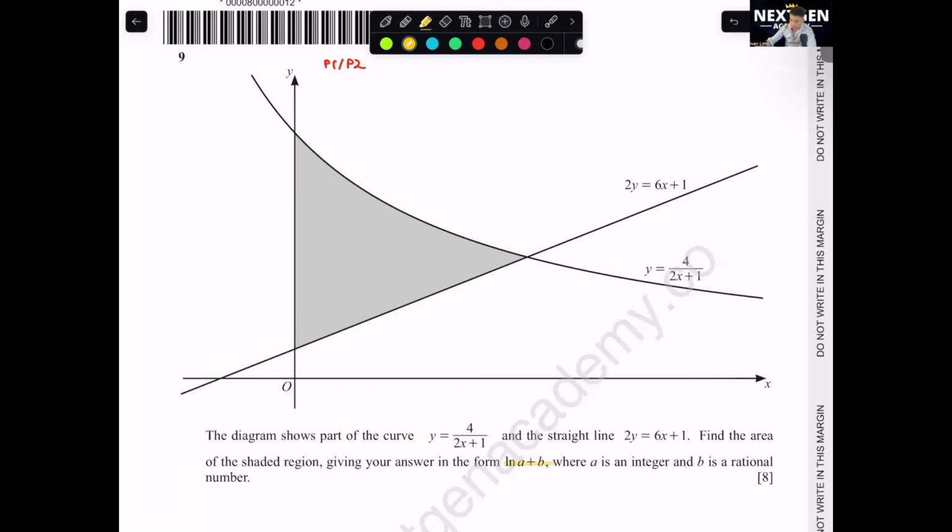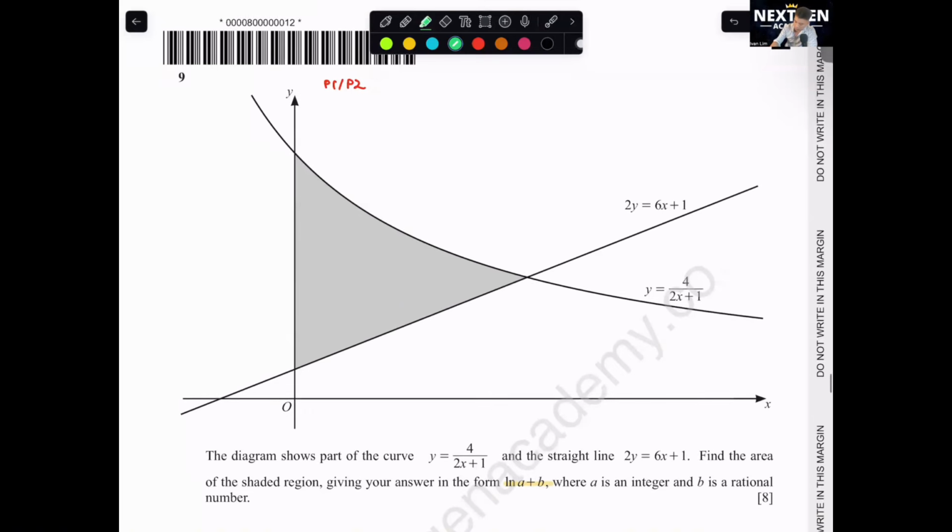Okay, what's the first thing that we want to find? We've got two equations here. One is a curve, this one is a line. First thing, we want to find the point of intersection over here.